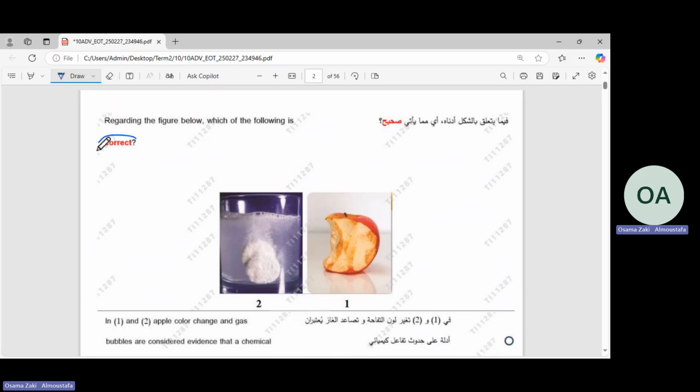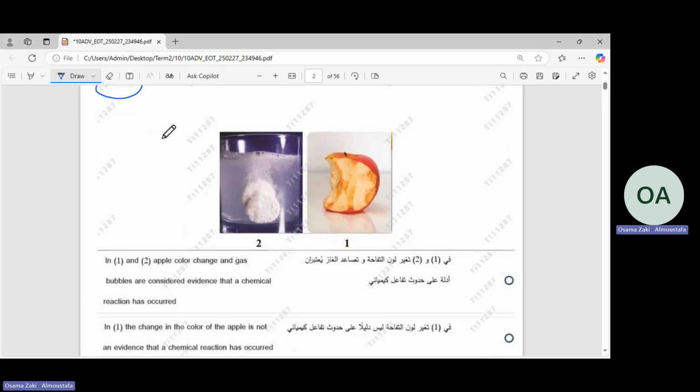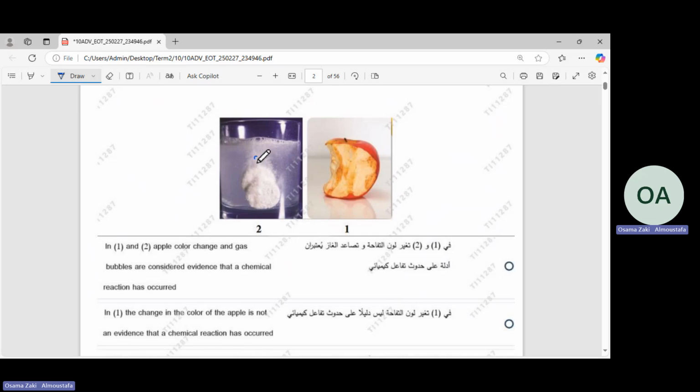We have bubbles from fizzy tablets, and here we have a change in color. So in 1 and 2 there's a color change and gas bubbles, and they are considered evidences of a chemical reaction. So this is the correct answer.